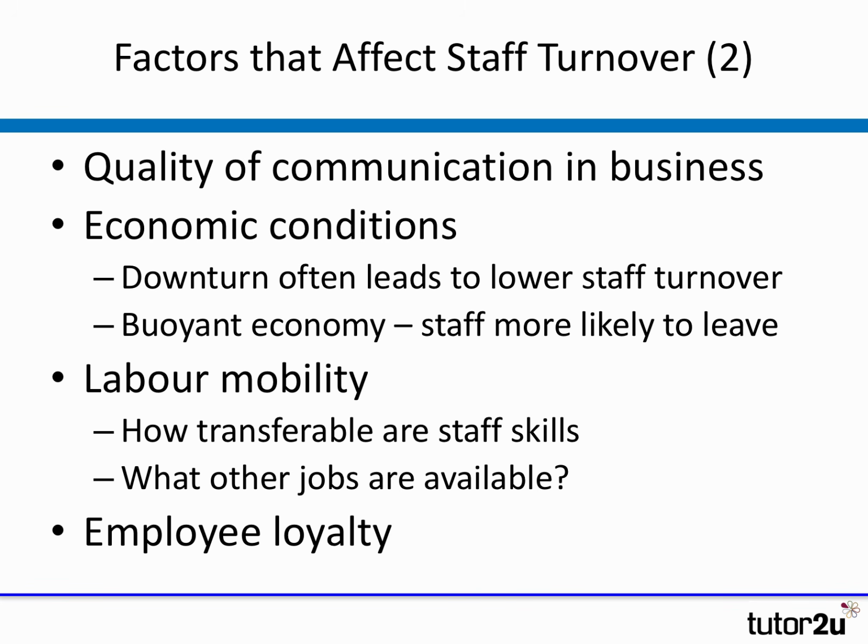The key reason for this is that there are fewer jobs out there, fewer alternatives for staff to move to, and therefore they're perhaps more likely to stay where they are whilst the economic conditions are uncertain. Conversely, as economic conditions start to strengthen and there are more job opportunities out there and perhaps opportunities for better pay, better rewards, that in general is often thought to lead to a general increase in staff turnover.